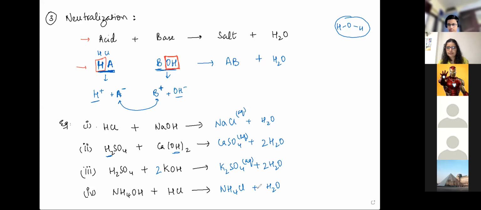Valency is the same for all, like this is also balanced. Yeah. Salt is always aqueous. Water, it's pure water in liquid state, so water will be in liquid state. And acid base also, by default, all of them will be in aqueous state, because you will always dilute them in water and then do it.